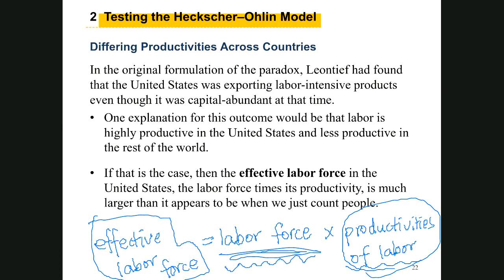Okay, so this is one of the reasons, maybe the most important reason, that we try to explain the Leontief paradox. Because the Heckscher-Ohlin model makes total sense theoretically, but why doesn't it work empirically? One of the important things is that we didn't take the skill level of the labor into account, right?